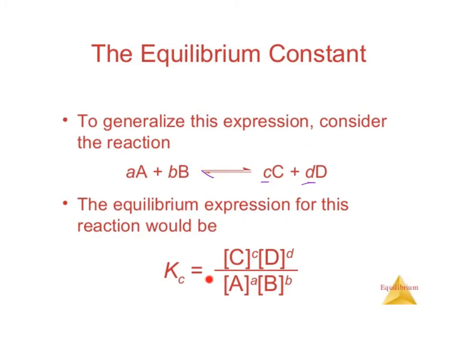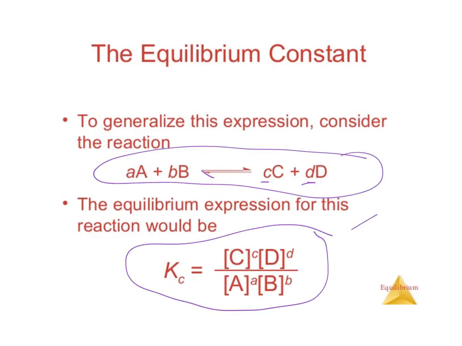So this formula, taking the products to the power of their coefficients, divided by the reactants raised to the power of their coefficients, is how you write the equilibrium constant expression. This whole thing is an equilibrium constant expression. So you can write this reaction as the definition of the equilibrium constant expression.